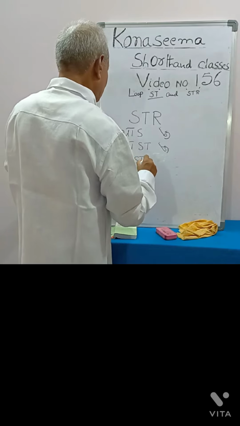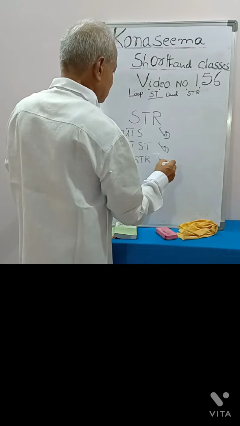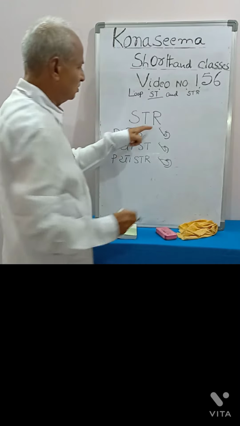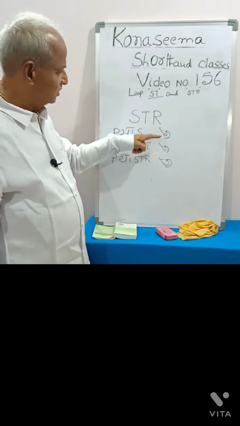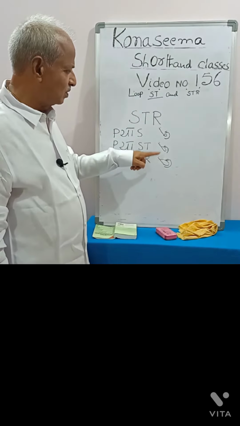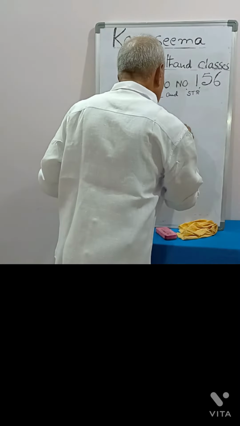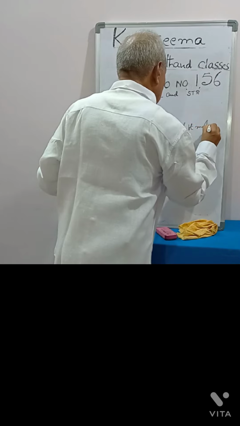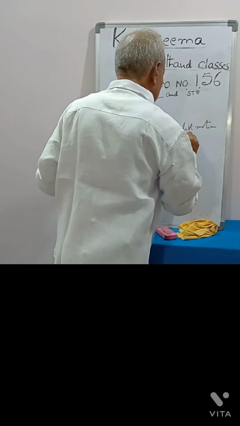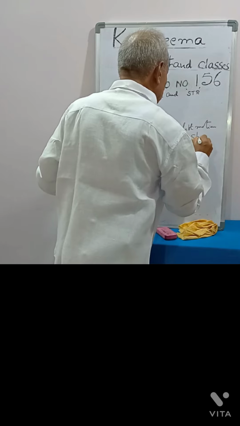Pastor, P, two-thirds, pastor. This also. All these, the small circle, this T loop and stir loop, all are written with the left motion to straight strokes.